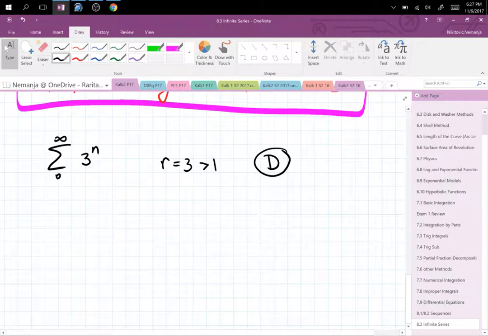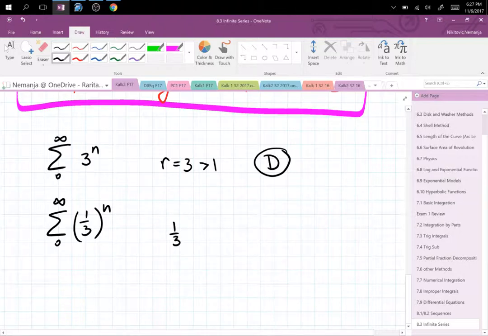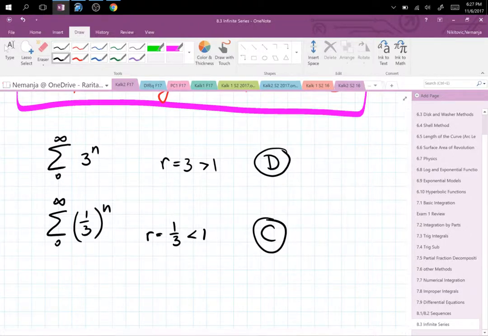Or you have the summation of 1/3 to the n from 0 to infinity. You will say r equals 1/3, which is less than 1, right? It's between -1 and 1. Convergence. Done. You have to memorize the theorem.